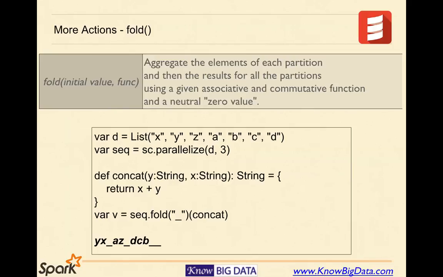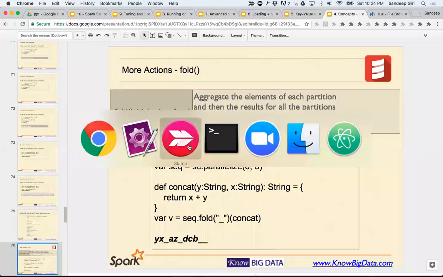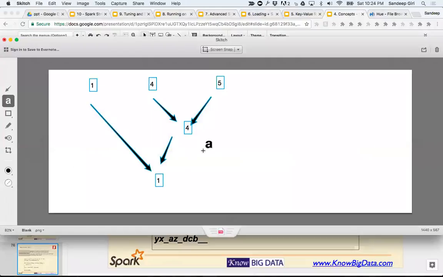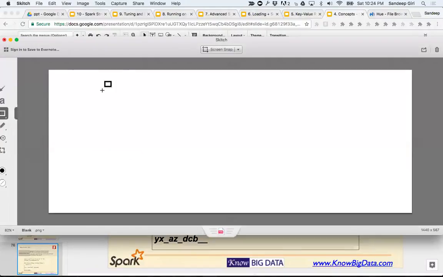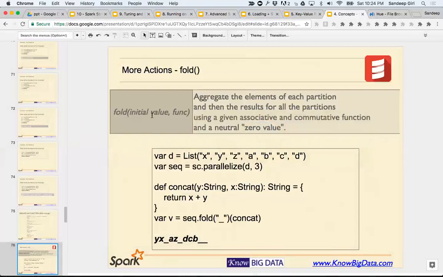So it always goes like this, and I'll try to explain to you. So fold also does it like reduce. All right, let's imagine that these are your values, and the output is, let's say, some other data type, not the same data type as your RDD. So you define an initial value. That's the value you are passing in the fold argument.